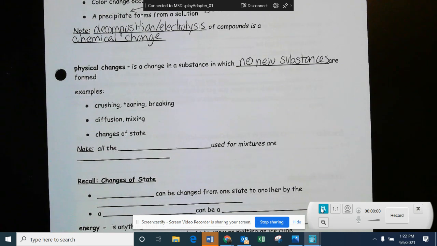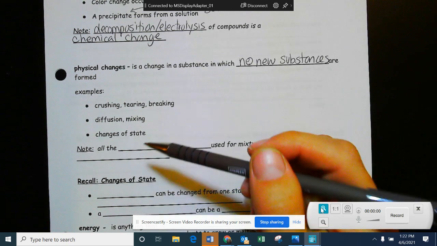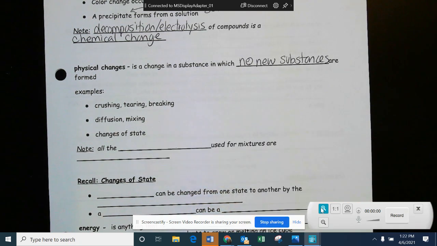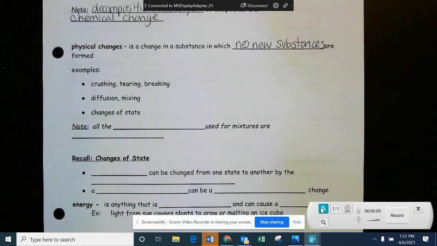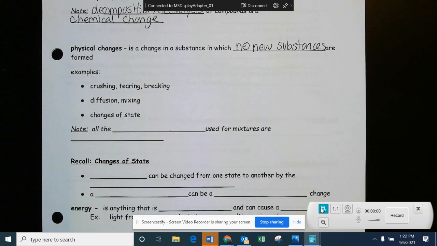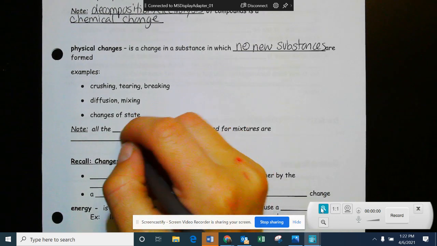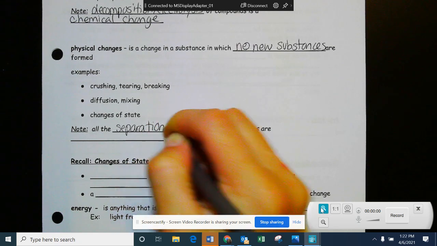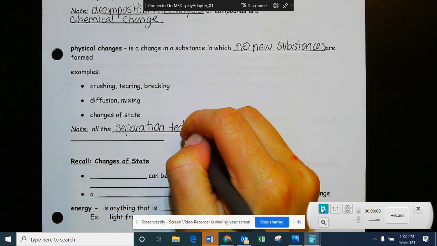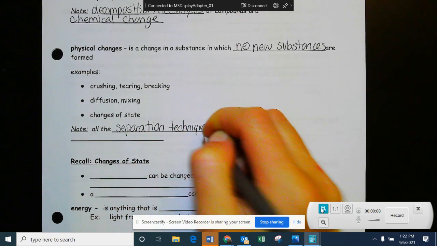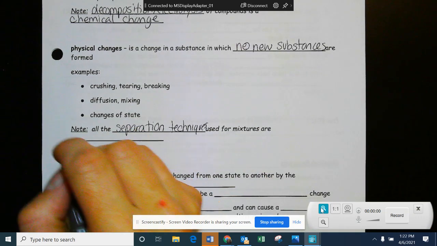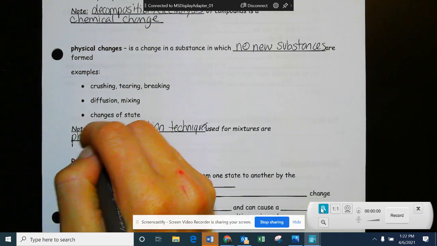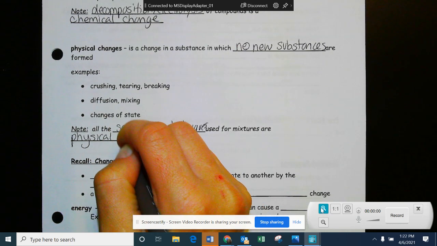Okay, so examples of that: crushing, tearing, breaking, diffusion of something, so something moves through the air or water, mixing of things, changing of state, so boiling water, freezing water into ice. All of the separation techniques that we used are actually physical changes.